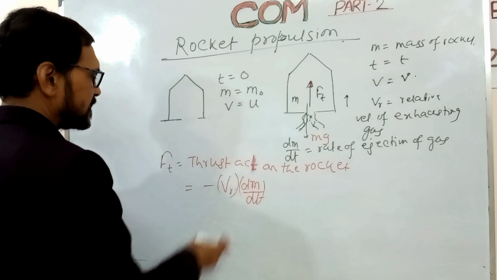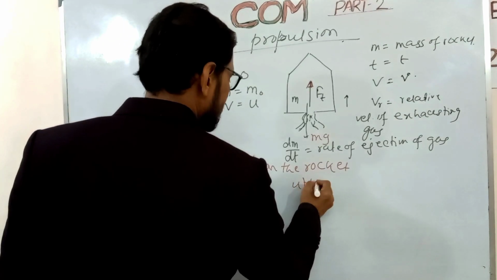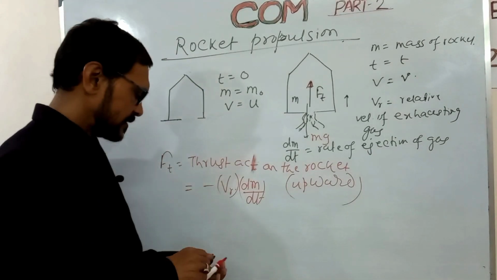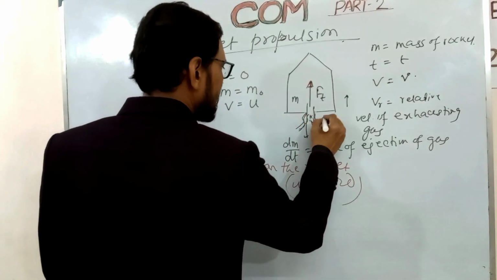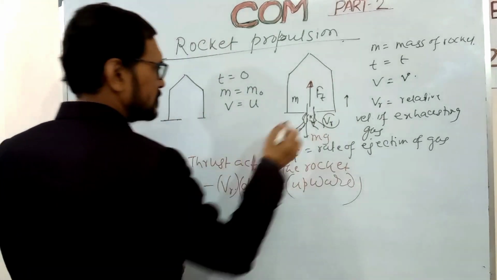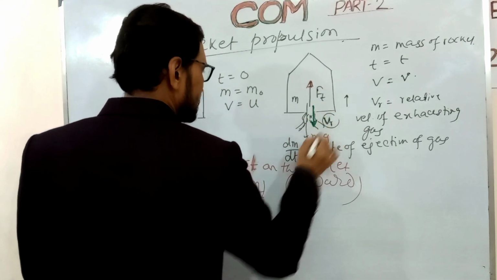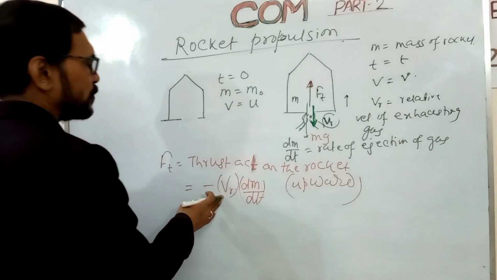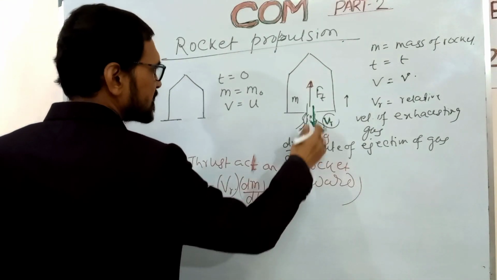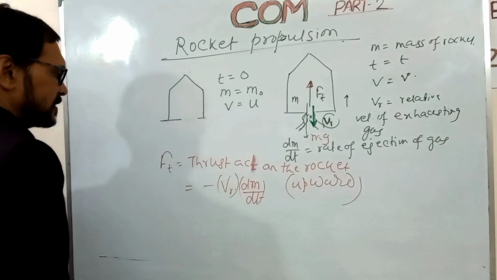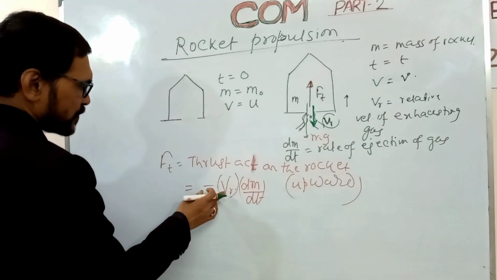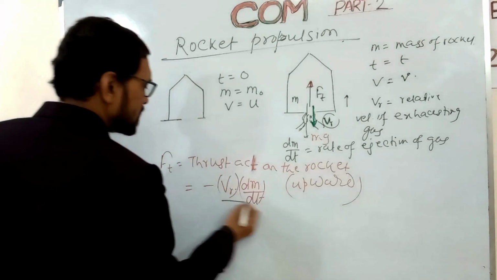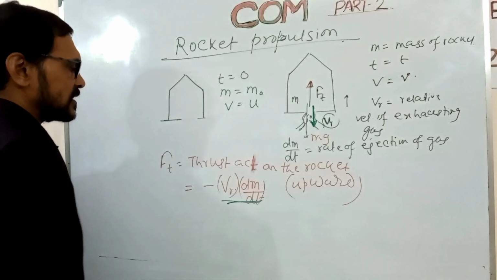Since dm by dt is negative, Ft will be positive, so Ft will be upward.